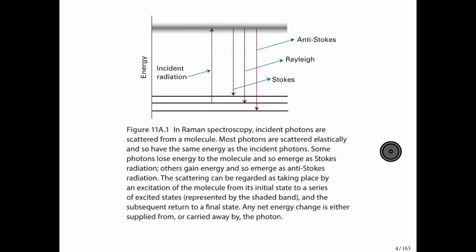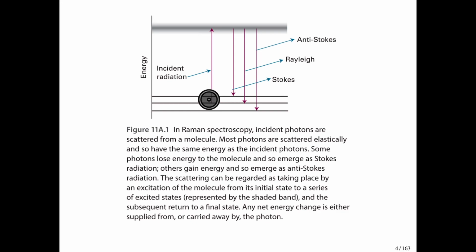So here's the figure that illustrates scattering of photons, and so this is called Raman Spectroscopy. It's named after a person. So imagine that you've got some energy levels here in your material system, and then you shine laser light, for example, on the system.